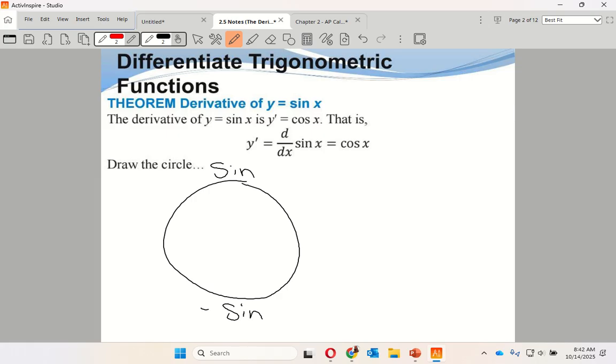On the right, you're going to put cosine. On the left, you're going to put negative cosine. It's almost like there is something to do with this. There's always one thing in my circle where that one thing always works.